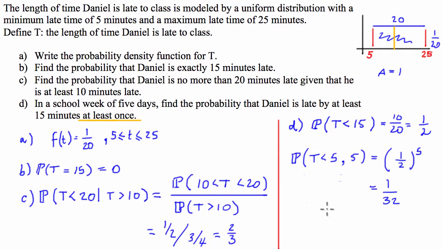So he's going to be a bit better at getting to school. So the probability that he's going to be late by at least 15 minutes at least 1 time is going to be 1 minus this probability. So the final probability is going to be equal to 1 minus 1 over 32, which is equal to 31 over 32.